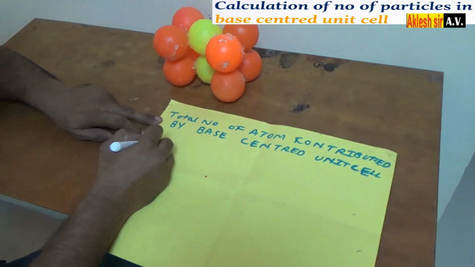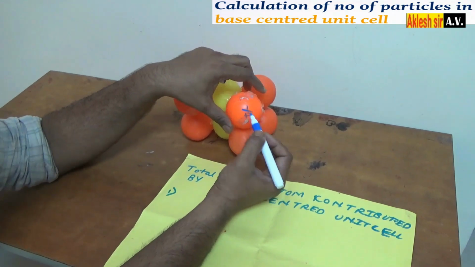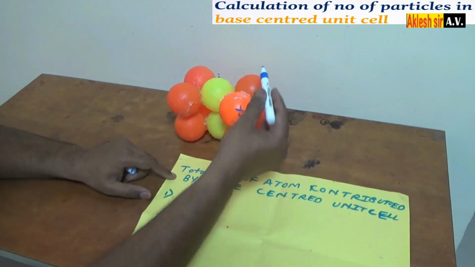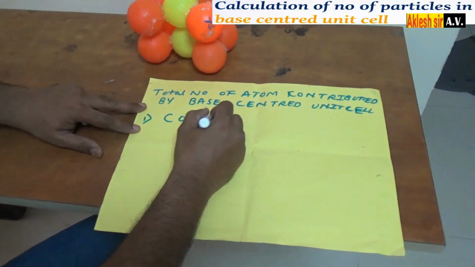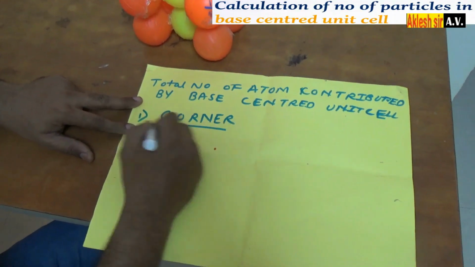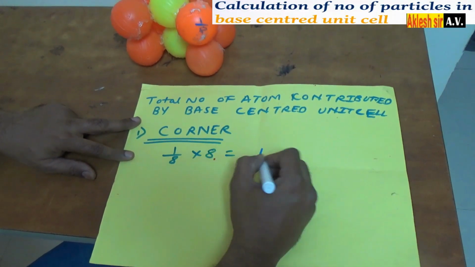So, first thing, each corner atom contributes how many? 1 by 8. So there are how many 1 by 8? 1, 2, 3, 4, 5, 6, 7, 8. So total number of atoms present due to corner is equal to what? 1 by 8 into 8, which is equal to 1 atom.